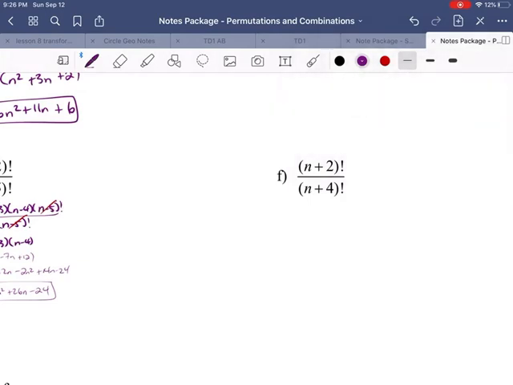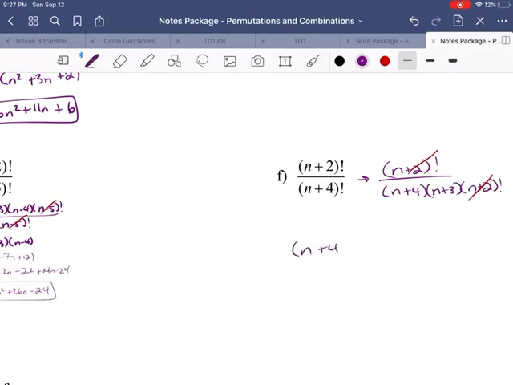All right, n plus 2 factorial over n plus 4 factorial. The bottom here, remember, becomes 1 less. So n plus 4 is the first term, n plus 3, 1 less, and then n plus 2 factorial. Well, now we can see what simplifies out. Now be careful.